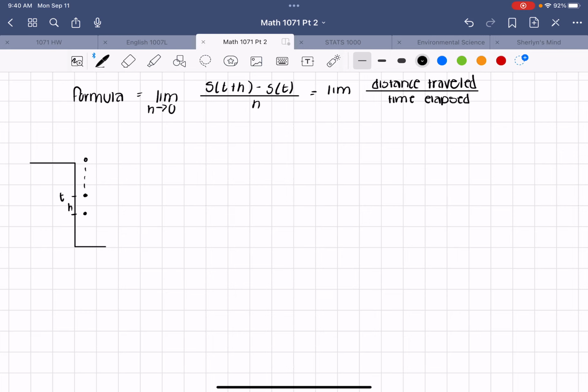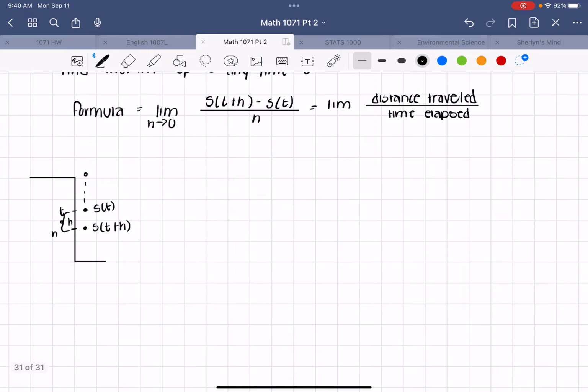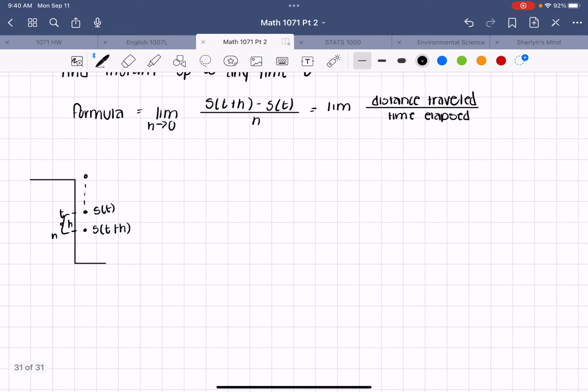The finishing distance is s of t plus h, because you go a little h interval. And the time elapsed, to go from t to t plus h, is h. So you see why this is distance traveled over time elapsed. And then you take the shrinking interval. Make the interval get smaller and smaller and smaller. That's where the formula comes from.